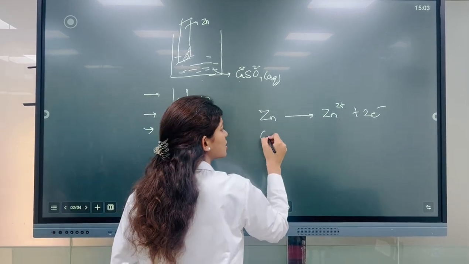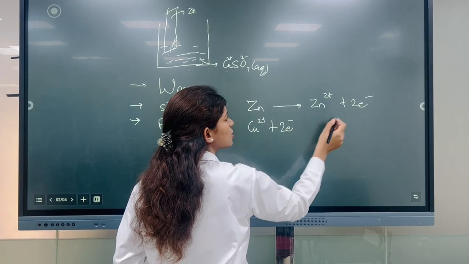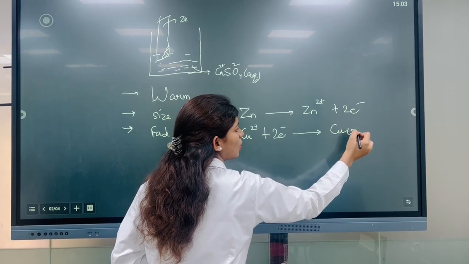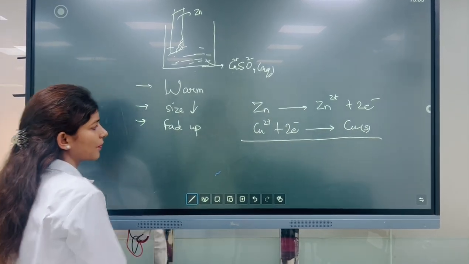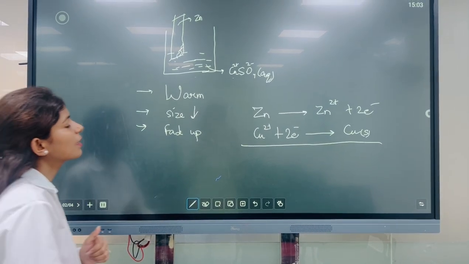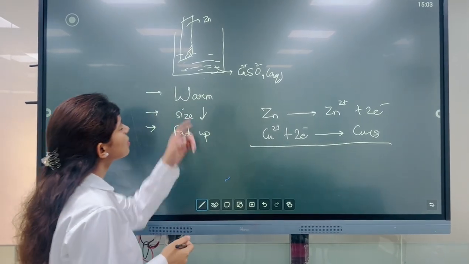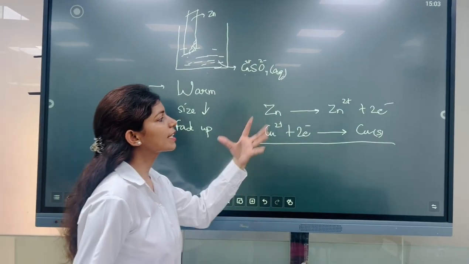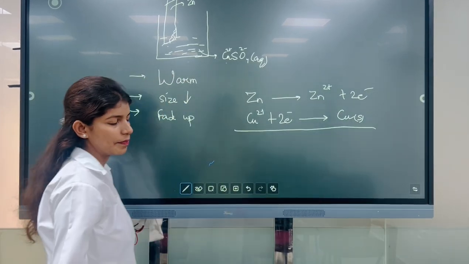So this Cu2+ will accept these 2 electrons from zinc and form solid copper. This whole reaction is taking place here. This is basically a direct redox reaction in which zinc is losing its 2 electrons and copper is accepting those 2 electrons and forming solid copper.